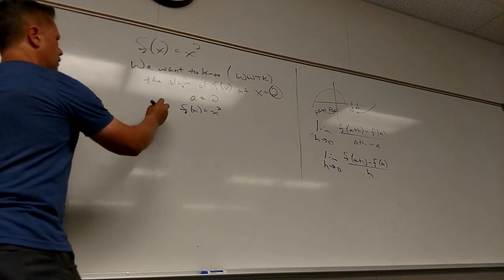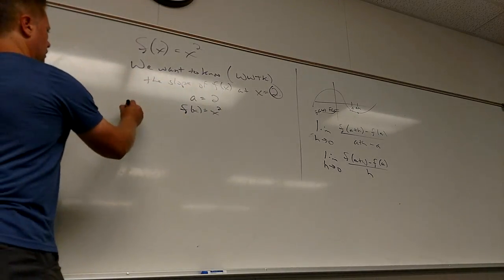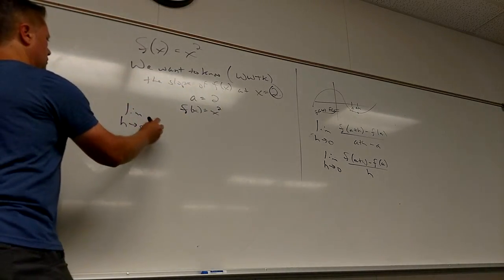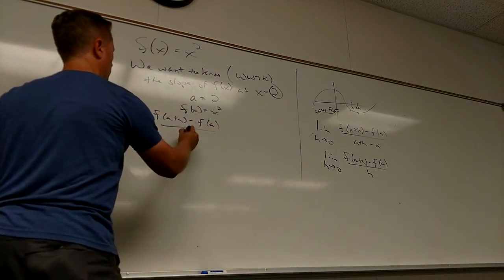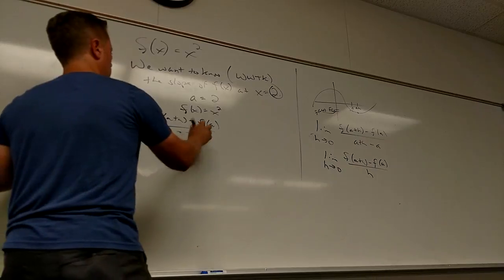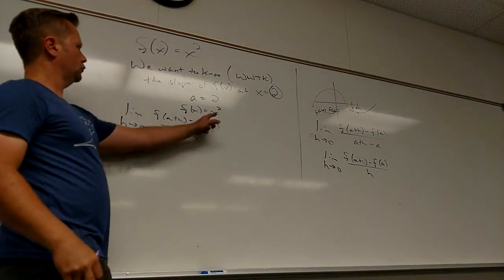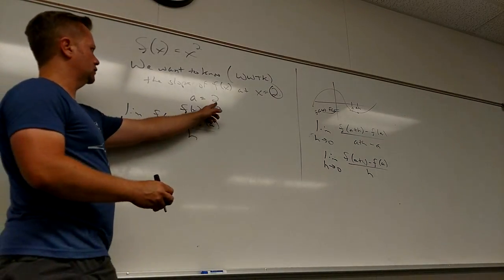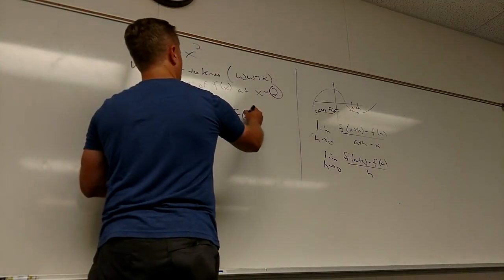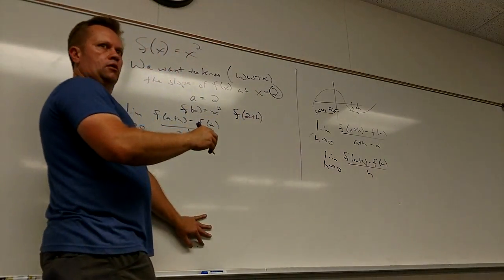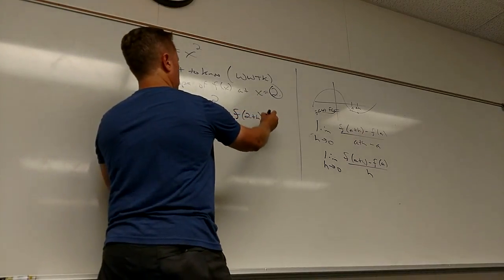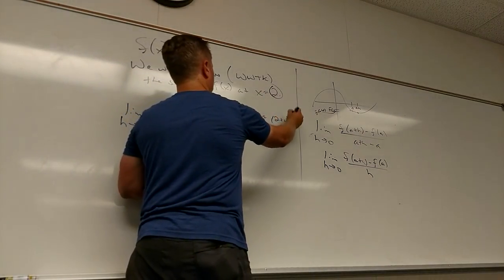So how do I set this up then? The limit as h goes to 0, f of a plus h minus f of a all over h. What will f of a plus h be? A is 2. That's going to be 2 plus h squared, which is what?